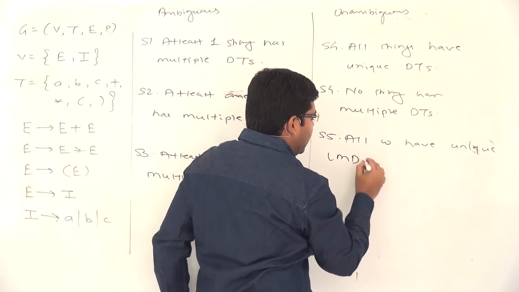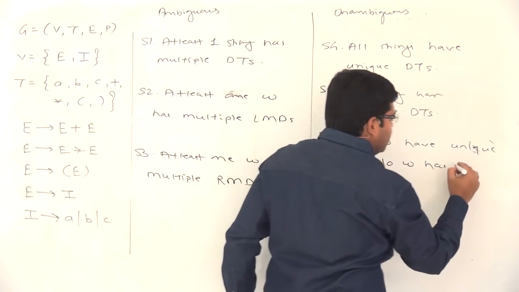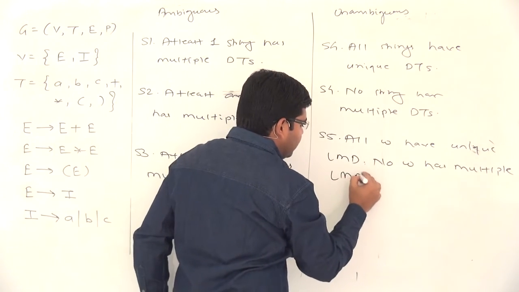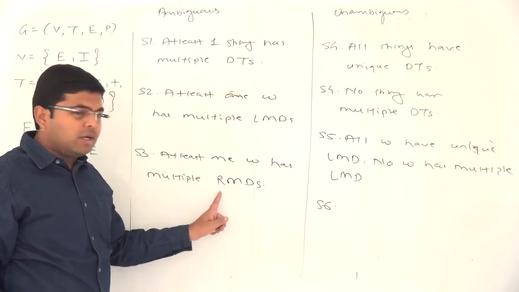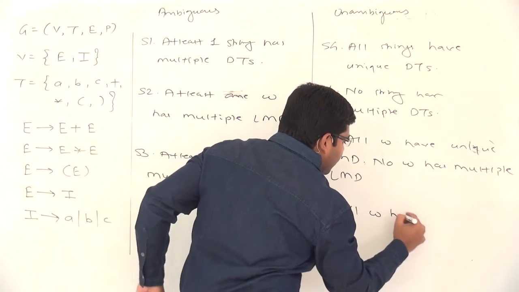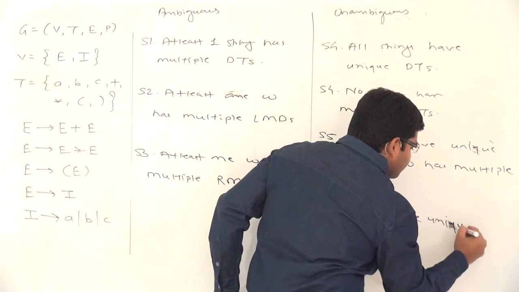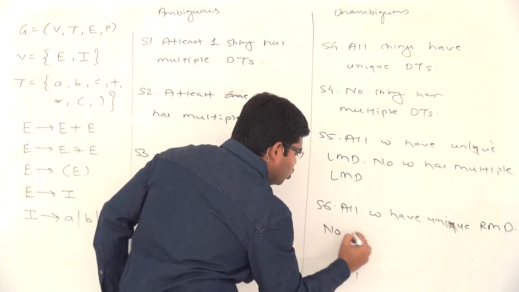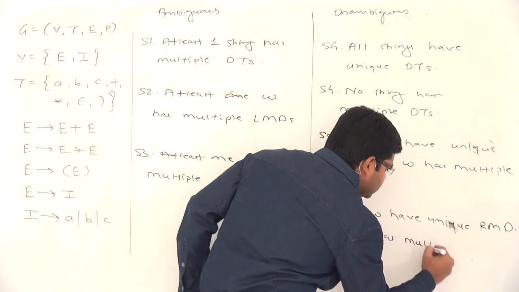Or we can say: no W has multiple leftmost derivations. And the corresponding definition in terms of RMD will be similar: all the strings have unique rightmost derivation, or we can say no W has multiple rightmost derivations.